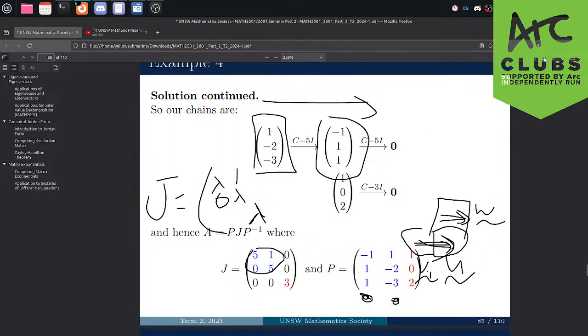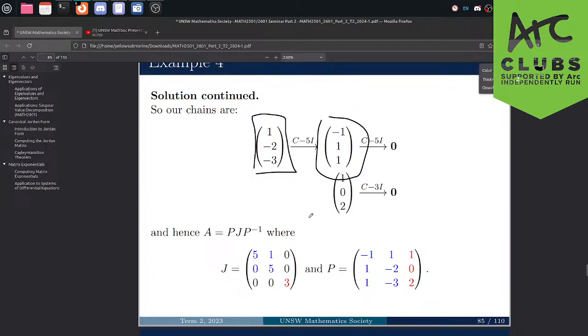So you have lambda, 1, lambda, lambda, and then you fill everything else with 0.